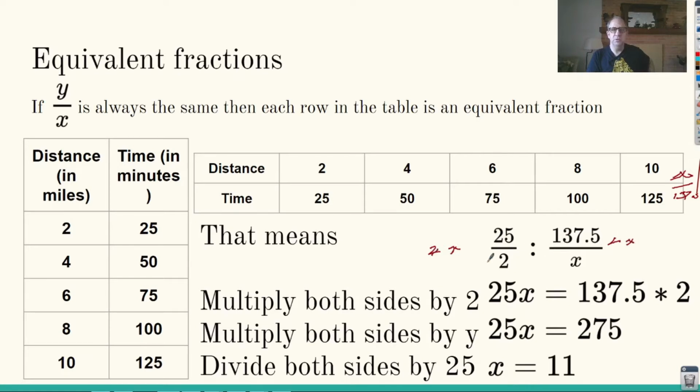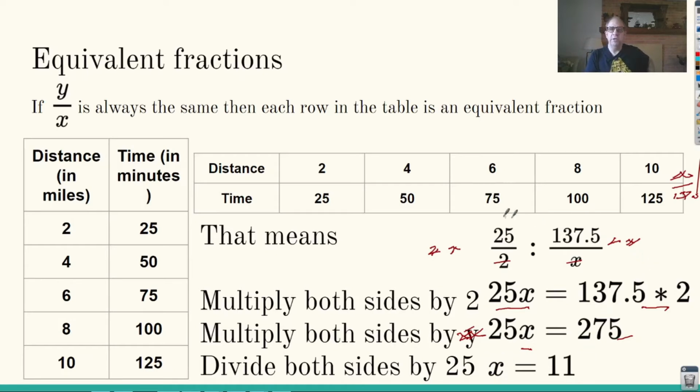The 2's cancel out on the left and the x's cancel out on the right. So I have 25 times x equals 137.5 times 2. So that's 25 times x equals 275. Divide both sides by 25, and I have x equals 11.